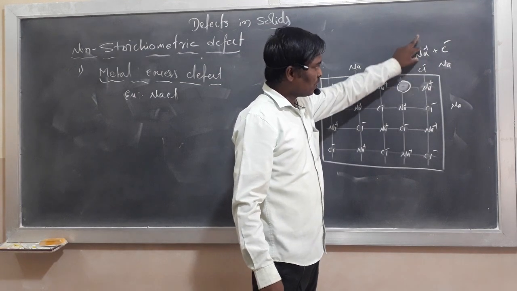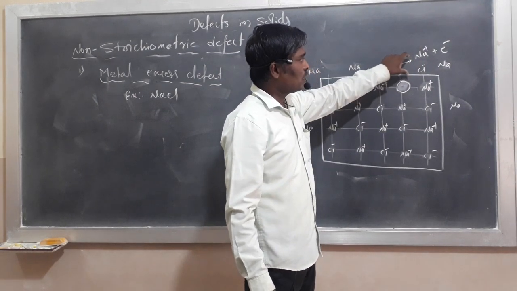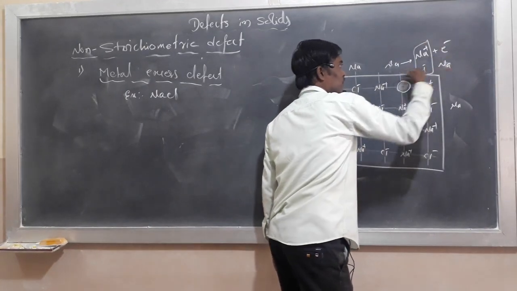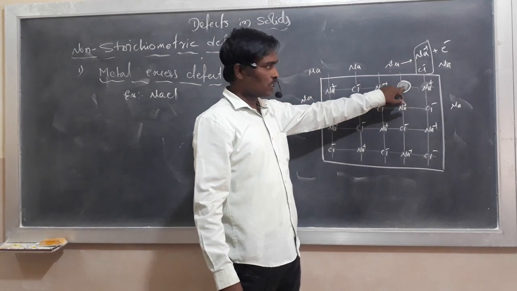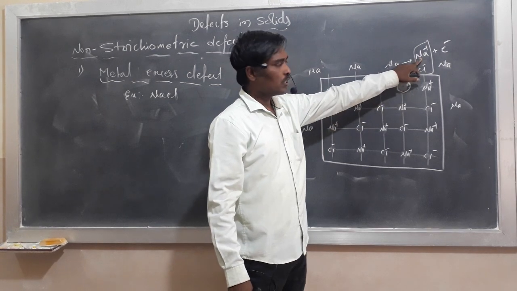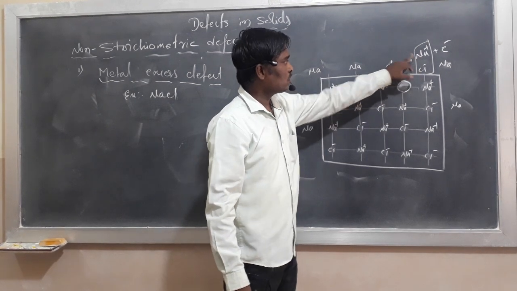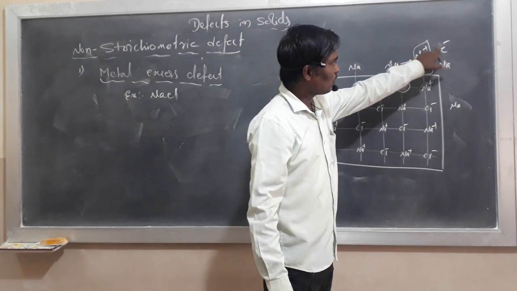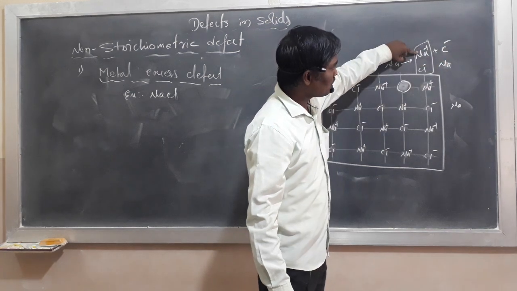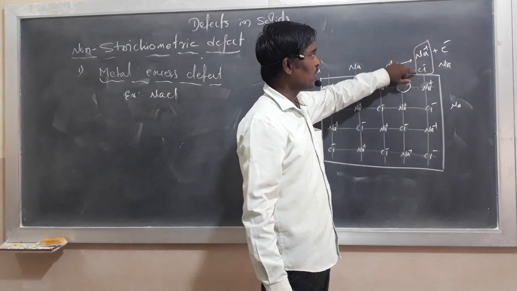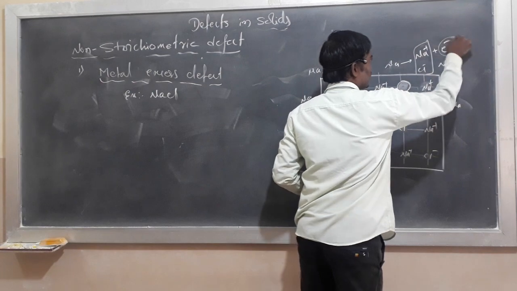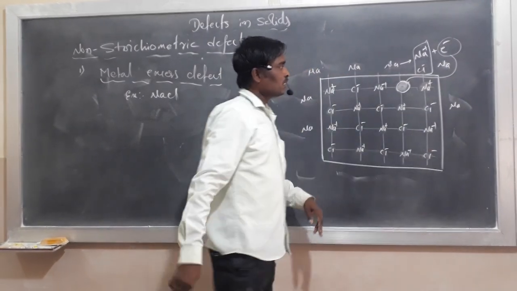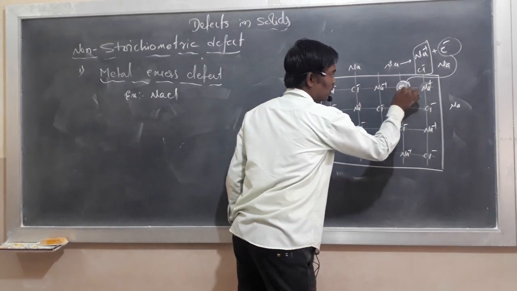This sodium cation and the chloride from the crystal react and form sodium chloride. And the electron released will occupy the anionic site.